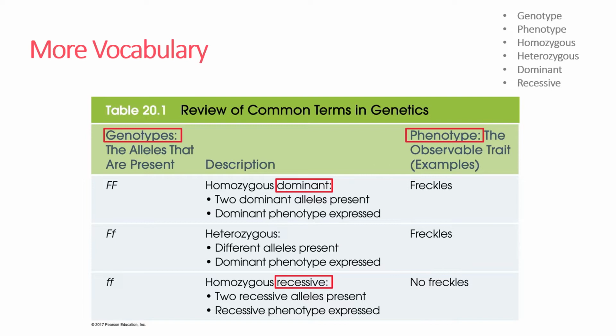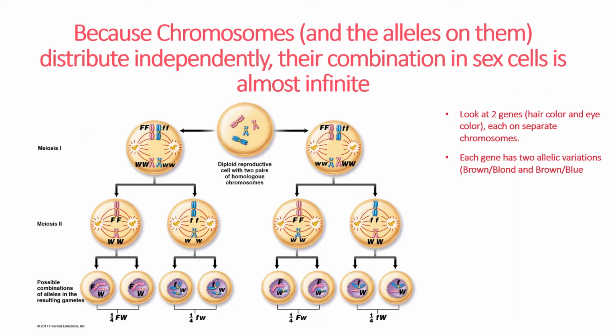Now let's use the terms that I've defined. Because chromosomes and the alleles on them distribute independent from one another during the production of sex cells, the combination of alleles in sex cells is almost infinite. And I want to look at two genes, each on different chromosomes, to exemplify that infinity.